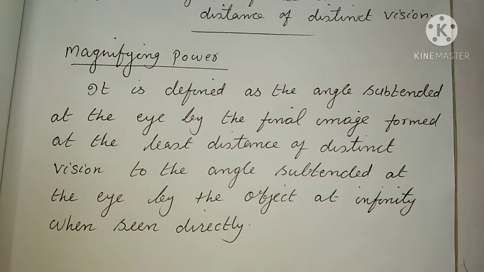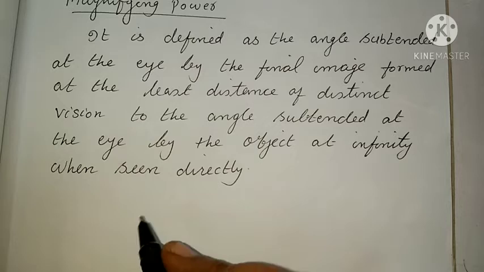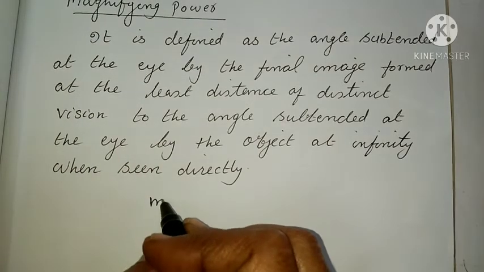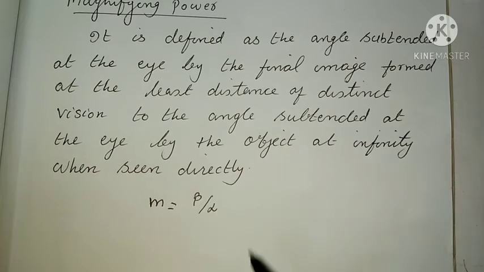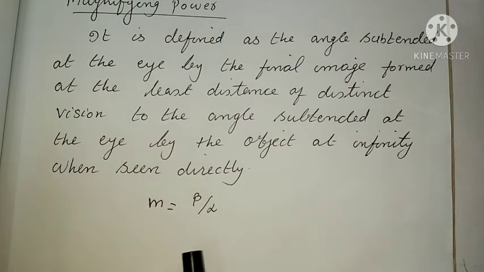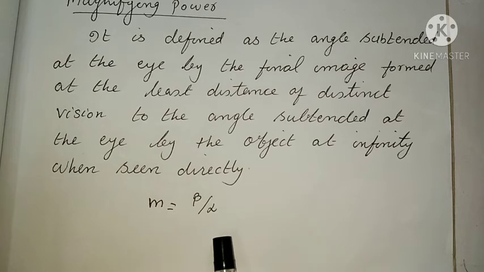So we can write the formula, m equal to beta by alpha. Beta is the angle subtended at the eye by the final image and alpha is the angle subtended at the eye by the object.